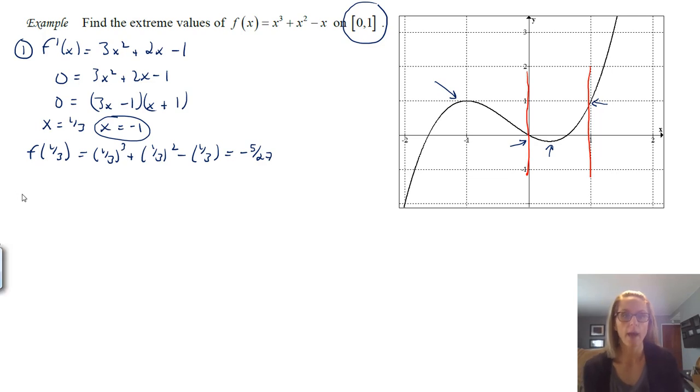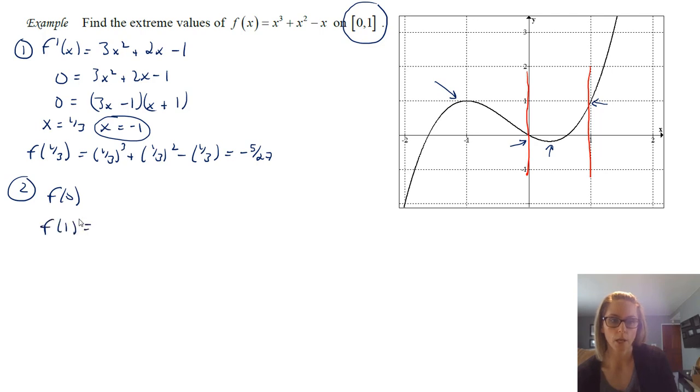So that is the first step, and I'm following the steps just from right above you. I'm not looking up at the sky here, but above you on your notes, you have the 3 steps. So we checked our critical values. The only one we care about is f of 1/3 equals -5/27. And then we have to check the endpoints. We need to find f of 0, and we need to find f of 1, because these are the only other 2 places where you might have your highest value or your lowest value.